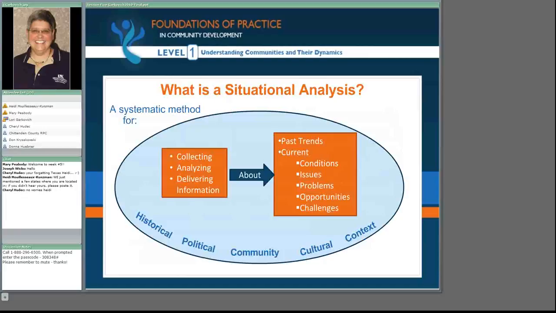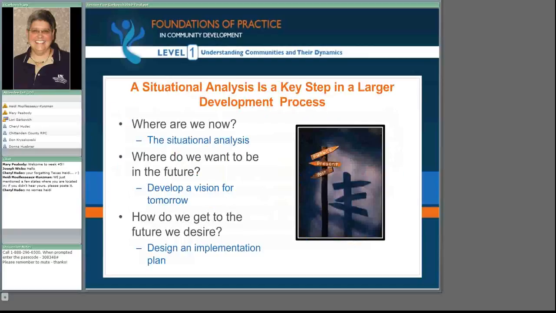Let me just say, by way of introduction, I work with communities throughout the state. Right now I'm working in 5 different counties or towns in Kentucky, helping them do strategic planning and community visioning processes.